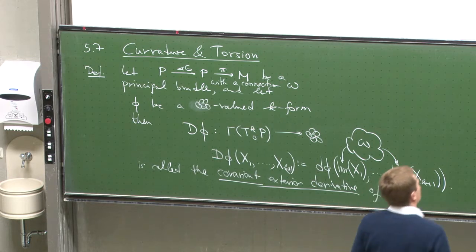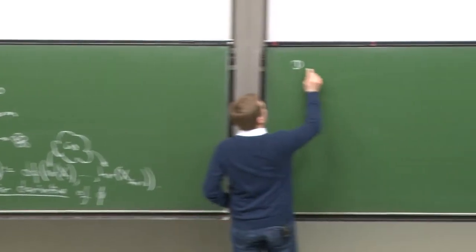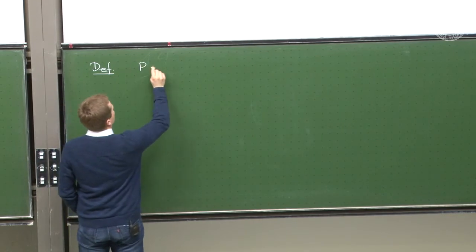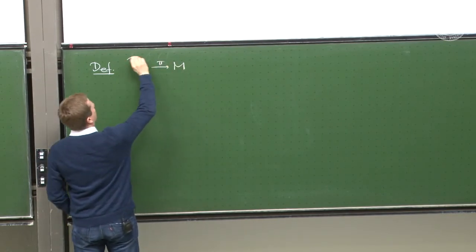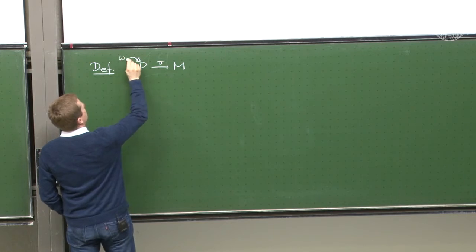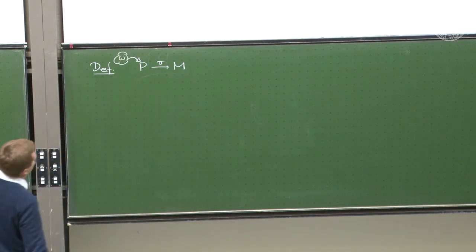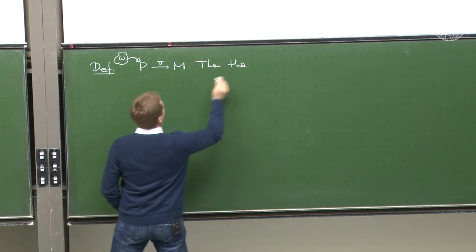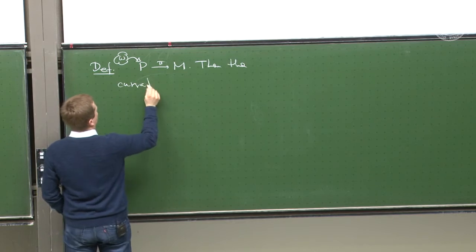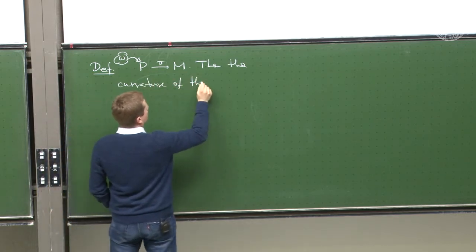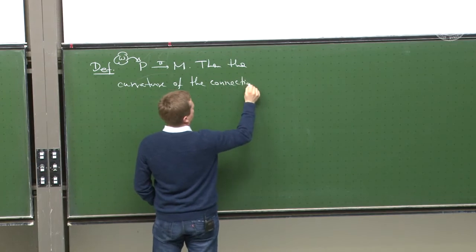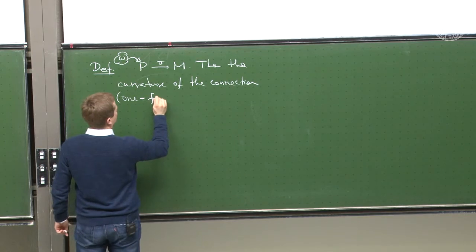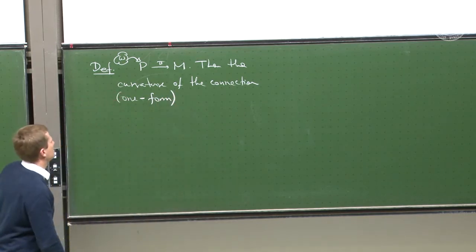Now, the key notion of curvature is defined as follows. So again, we have a principal bundle on which there sits a connection one form. Then the curvature of the connection, so that's the property of the connection. And if I say connection, technically, of course, this is equivalent to having a connection one form.